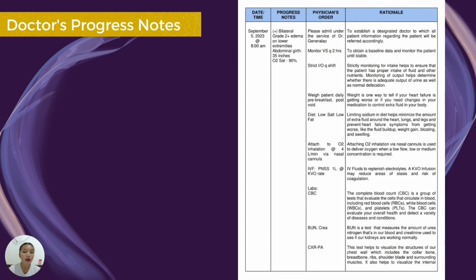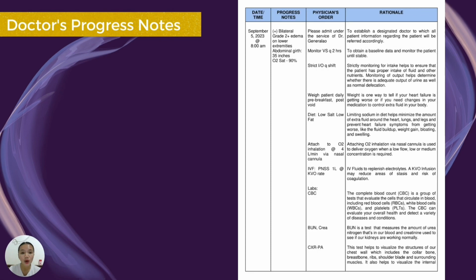Now, for the diet, we have low salt, low fat. Limiting sodium in the diet will help minimize the amount of extra fluid around the heart, the lungs, and the legs. It will also prevent heart failure symptoms from getting worse, like fluid build up, weight gain, bloating, and swelling.